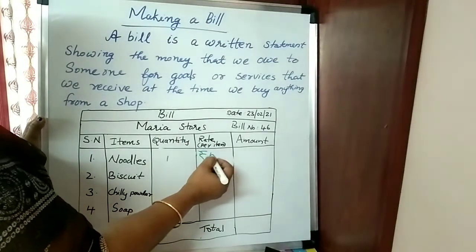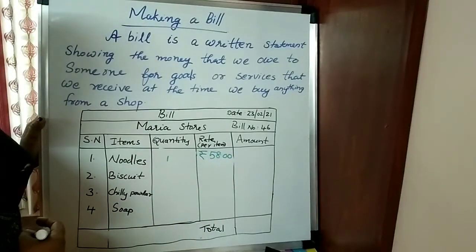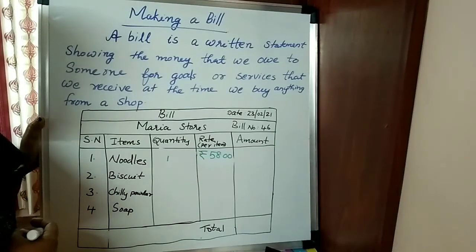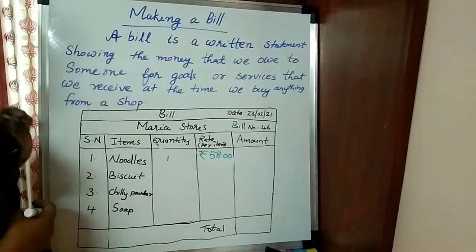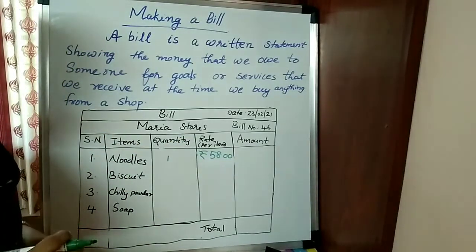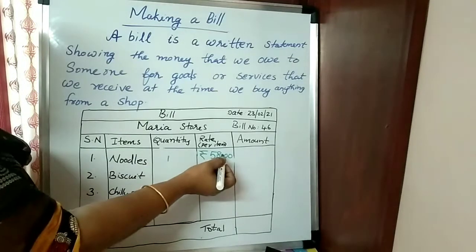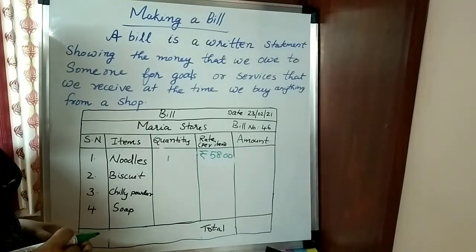That is rupees 58. So here you write rupees 58. Under the cost or rate, here you write 58.00.